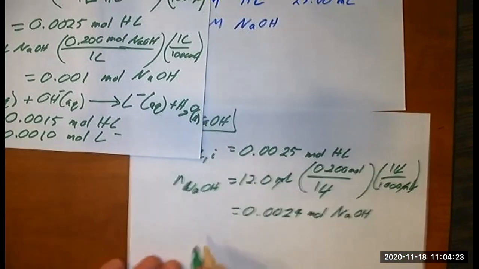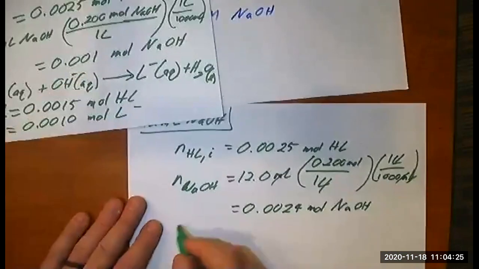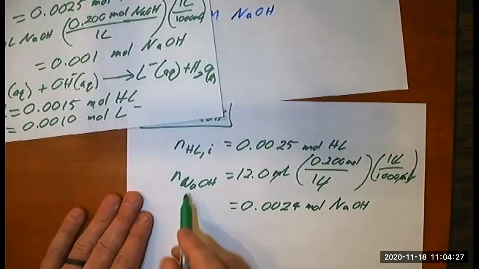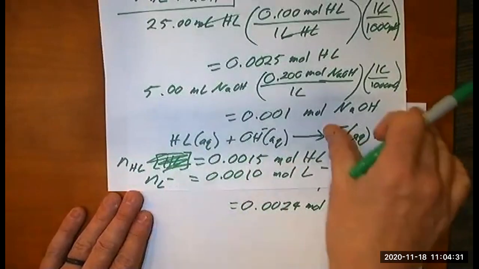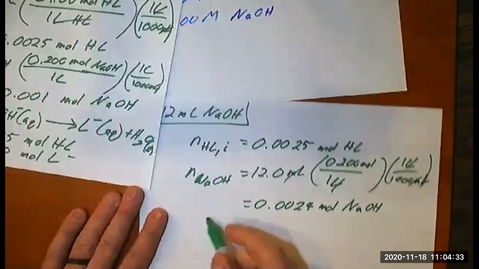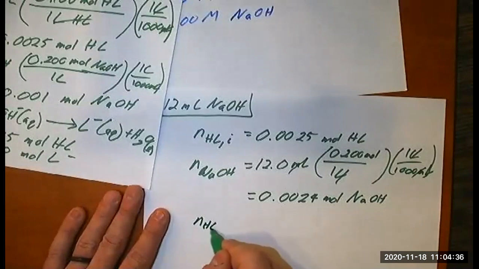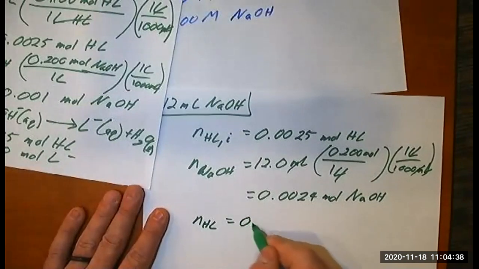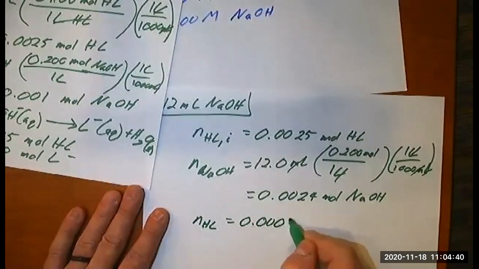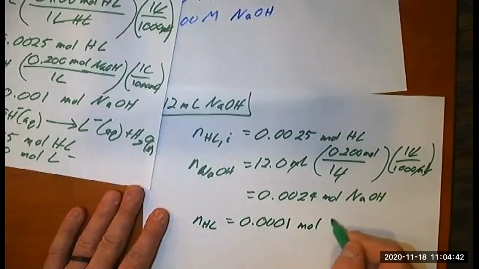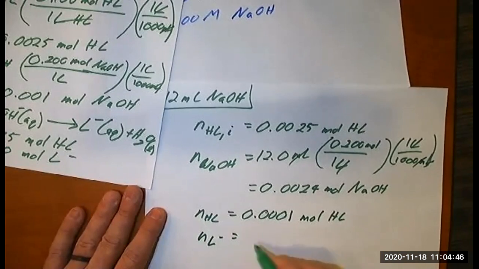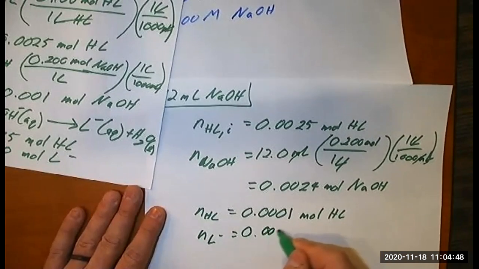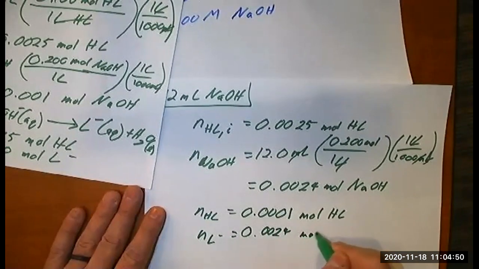So when we look now at the amount we have after we shift the reaction, after we let the hydroxide react away some of the HL, we find that our HL amount is going to be 0.0001 moles, and our number of moles of L minus is going to be 0.0024 moles.